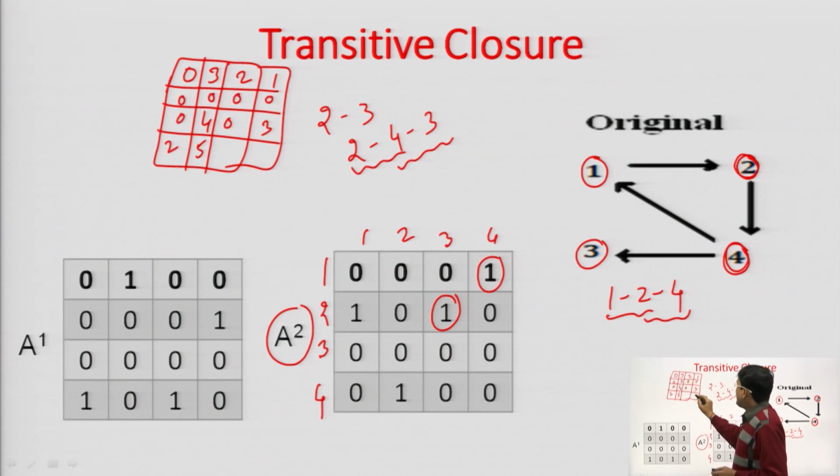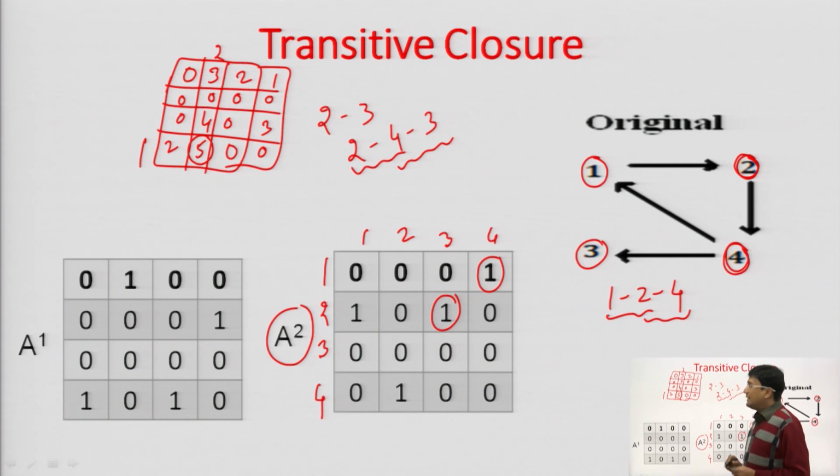So, if the entries are like this, then a 5 between 1 and 2 is telling you that there are 5 paths of length 2 between the pair of stations 1 and 2. Similarly, this entry is telling you that there are 4 paths of length 2 between the pair of stations 3 and 2. So, this A square matrix is telling you how many paths are possible between a pair of stations of length 2.